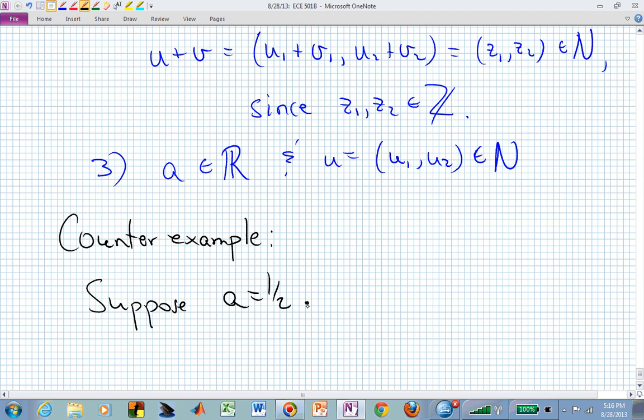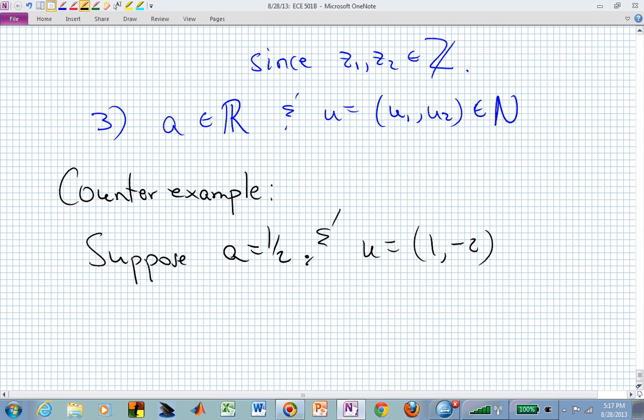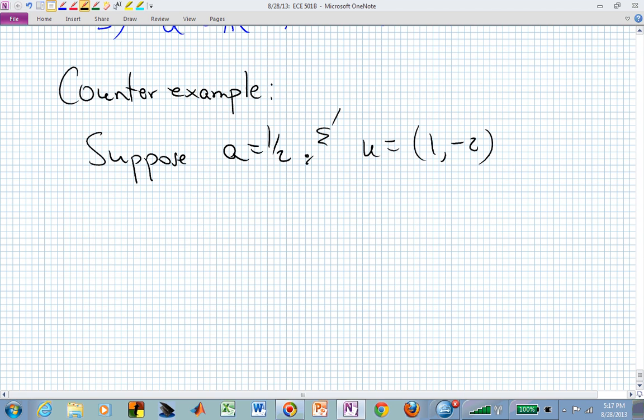And now let's just say this u is (1, -2). It really doesn't matter what it is too much. I mean, you wouldn't want it to be (2, -2), then you wouldn't have counterexampled anything. But it can be something pretty generic.